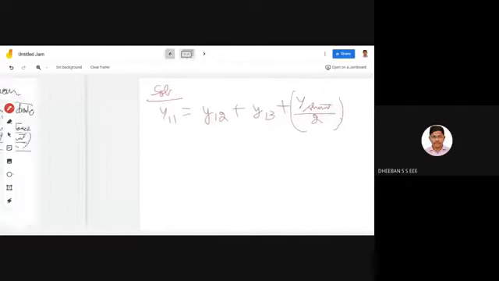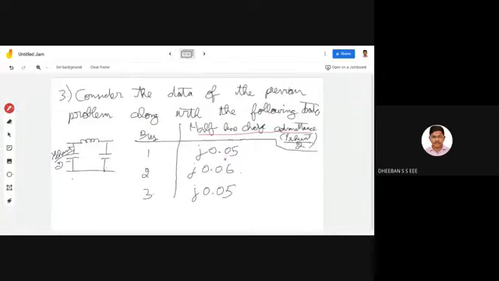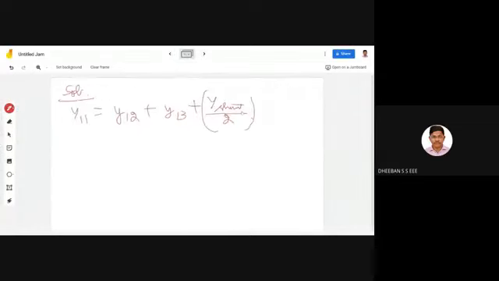What is the value they have given, the same value you have to put over here. For the first bus they have given j 0.05, and hence here you have to consider this entire value to be j 0.05. You shouldn't divide this j 0.05 by 2, to make it clear.